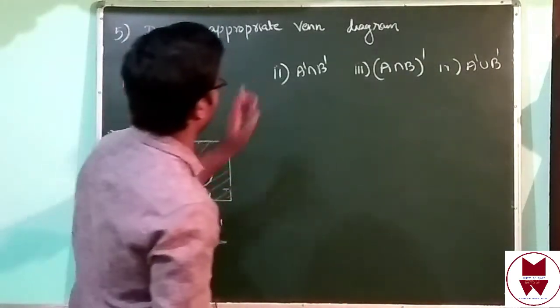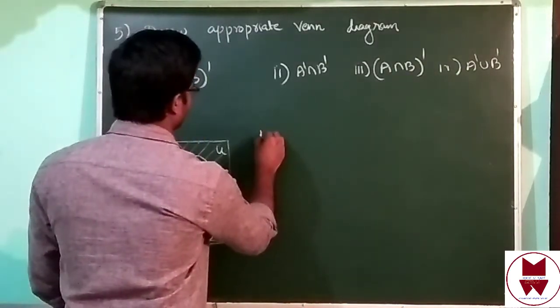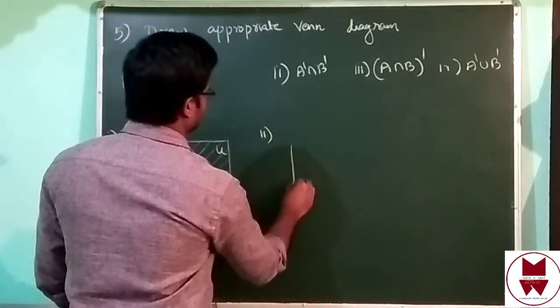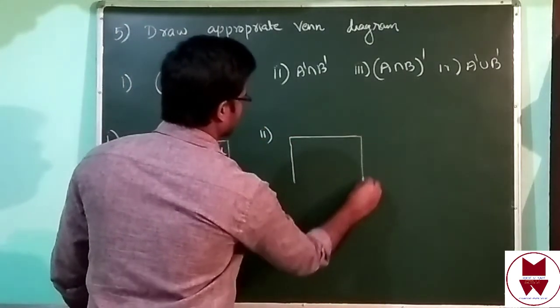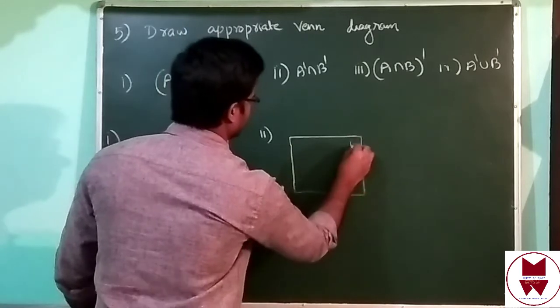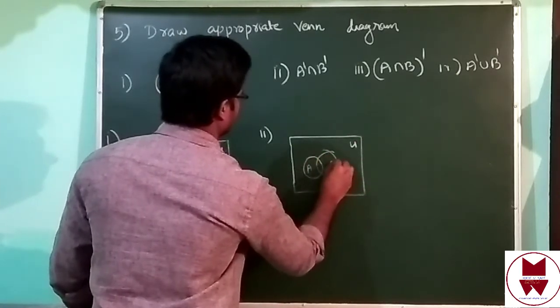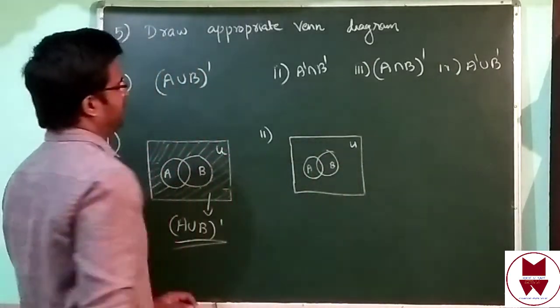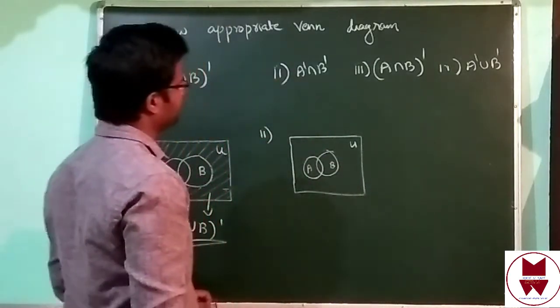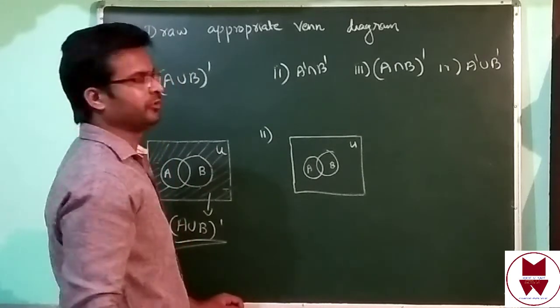Then Roman number 2. Draw one universal set U, then two sets A and B. Then A complement intersection B complement.